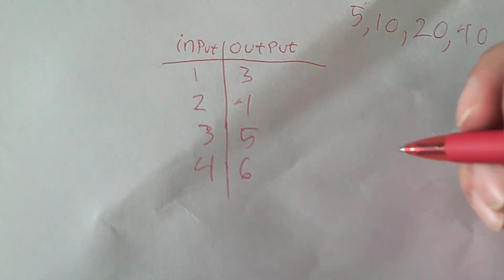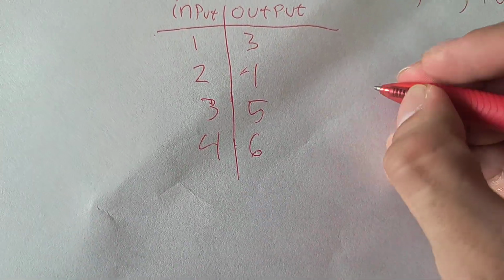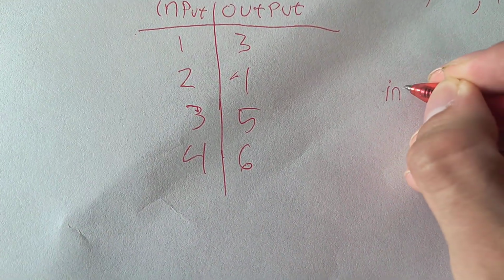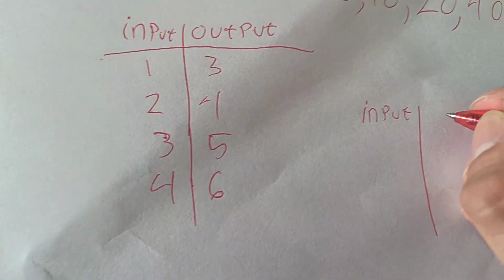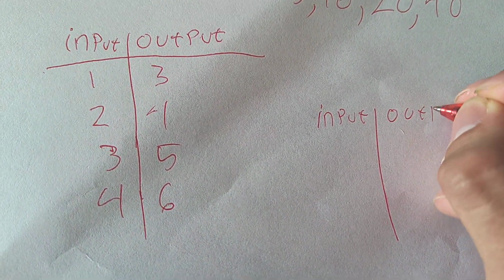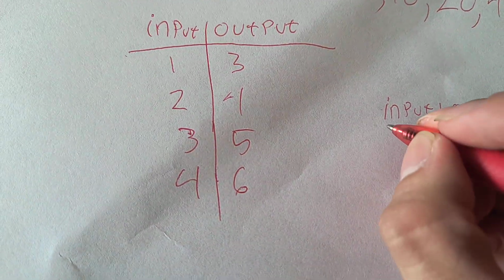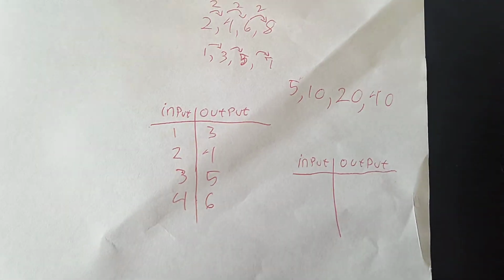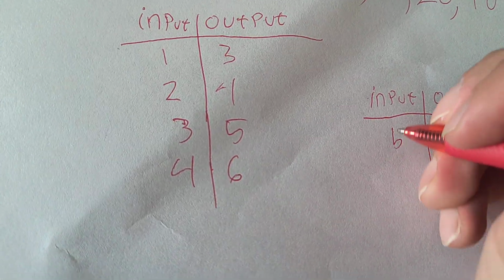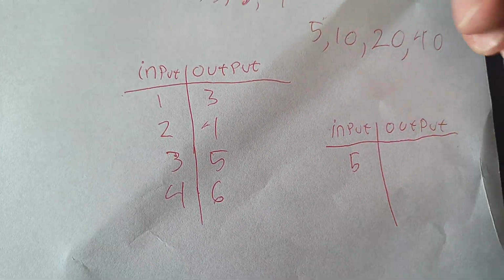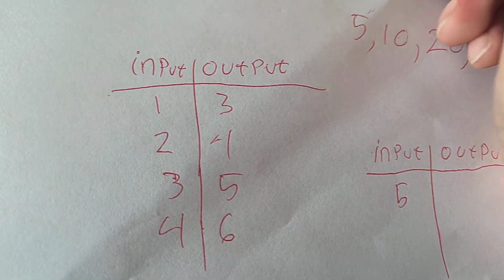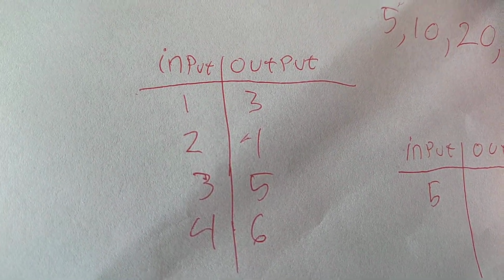So if we made an input and output table of this, and we were to input 5, let's say, we use the rule for this one, which is multiply by 2.